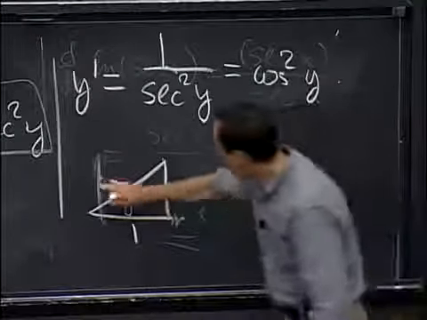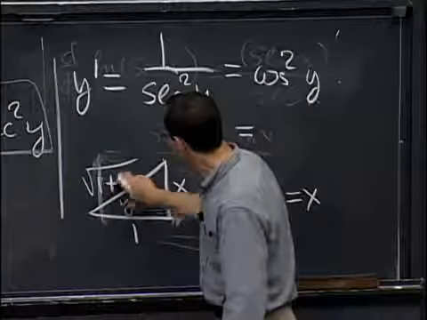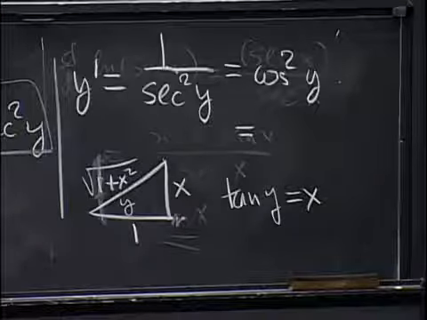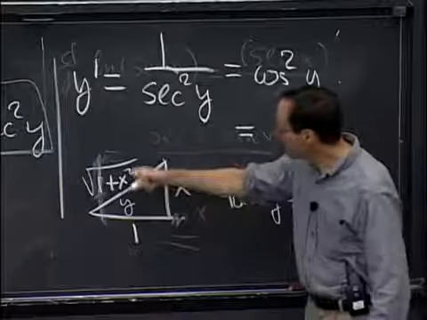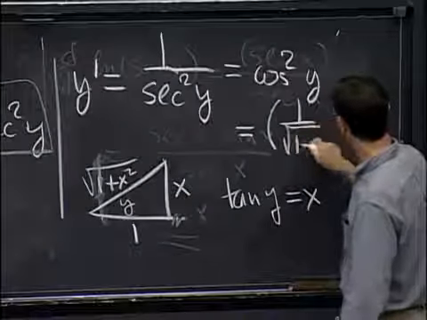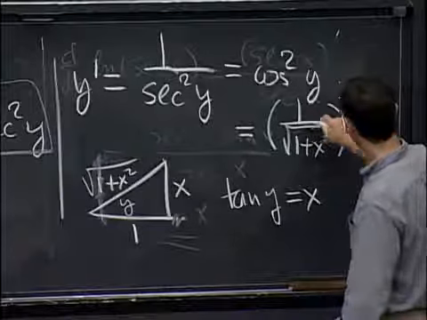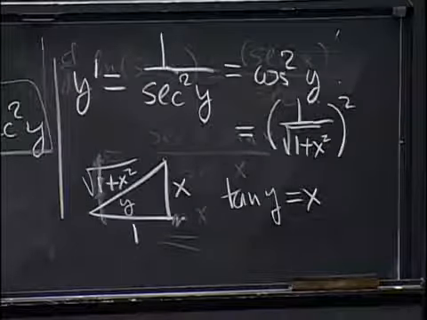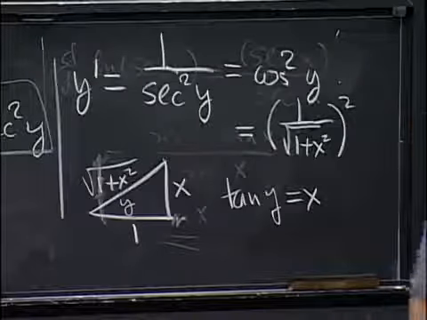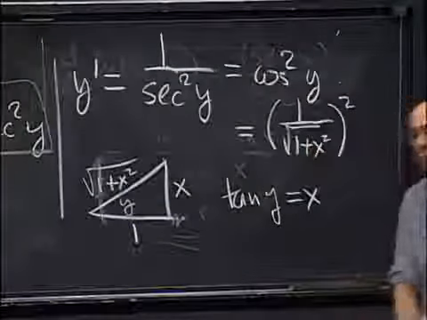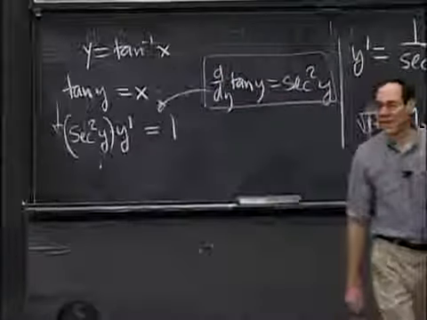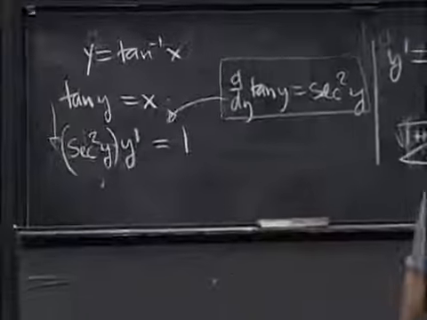The hypotenuse is the square root of 1 plus x squared, and so the cosine is 1 divided by that. So this is 1 divided by the square root of 1 plus x squared, quantity squared. The last little bit, since I'm racing along, is that it's 1 over 1 plus x squared, which I incorrectly wrote over here. Okay, good luck on the test. See you tomorrow.